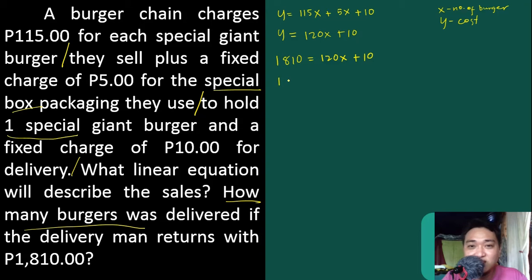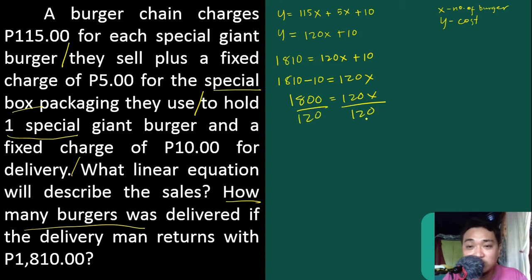So that is 1,810 minus 10 is equivalent to 120x. So 1,810 minus 10 is 1,800, that is equivalent to 120x. Now let us divide both sides by 120.